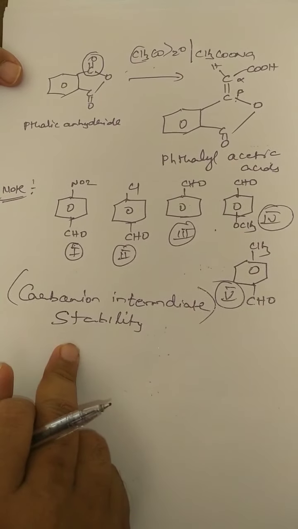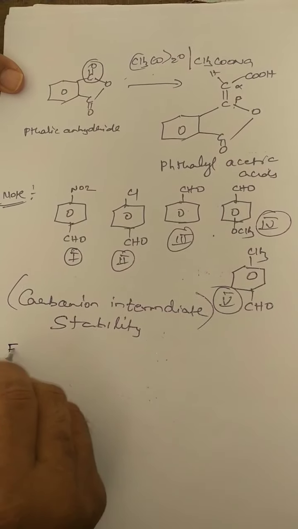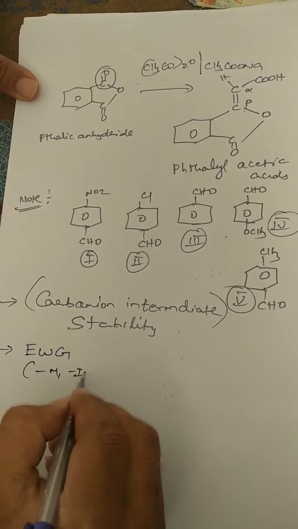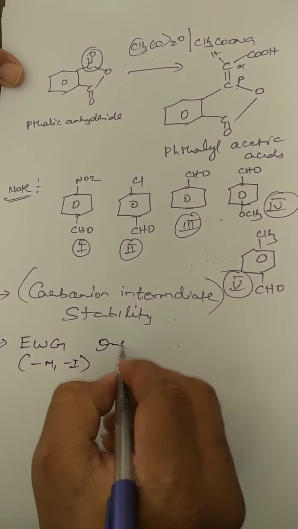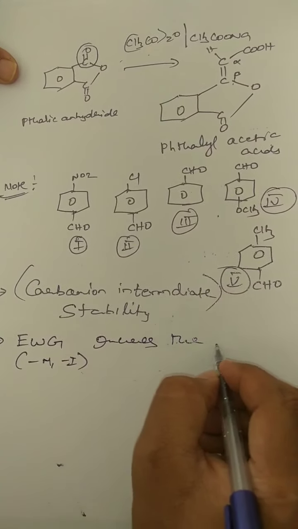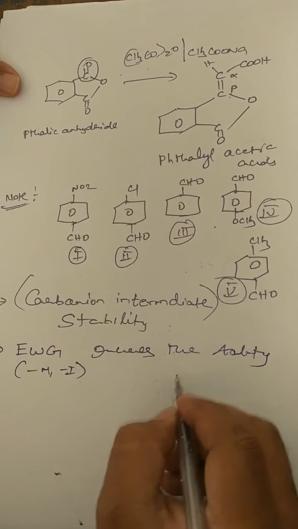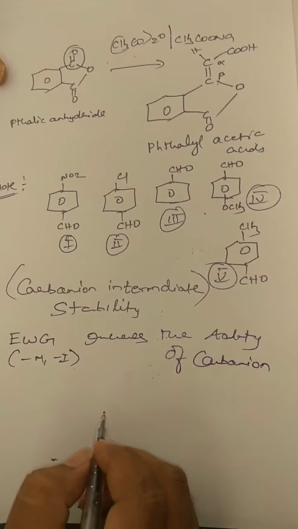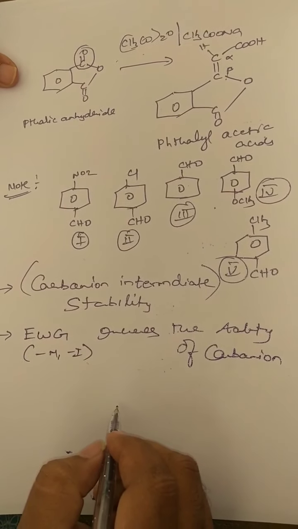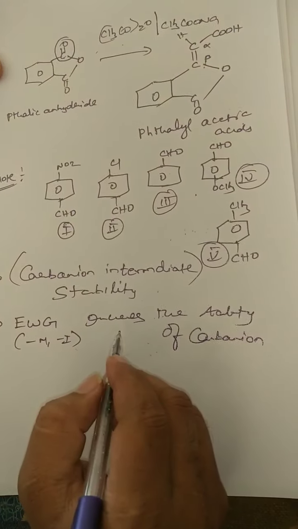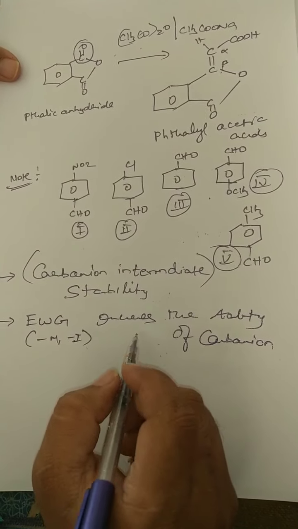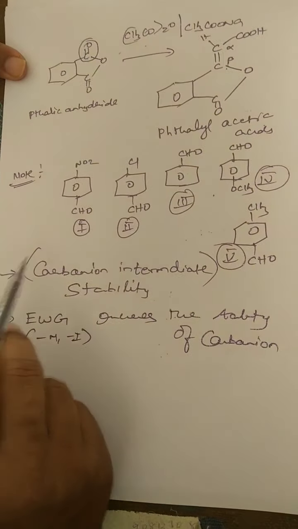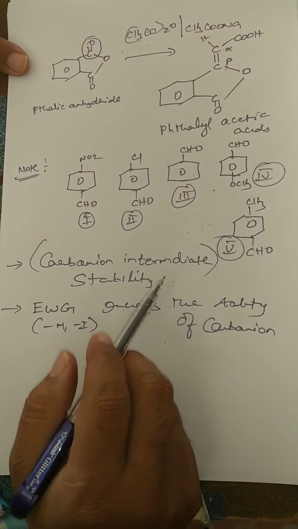Here, from last year's basics, you already know one point: electron withdrawing groups, minus M and minus I, increase the stability of carbanion. So which compound will form a more stable carbanion actually?